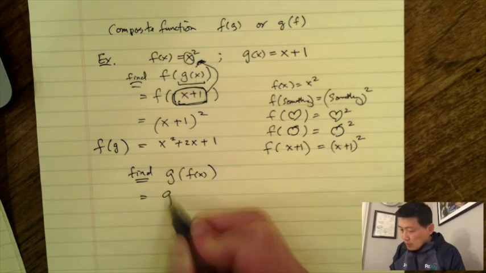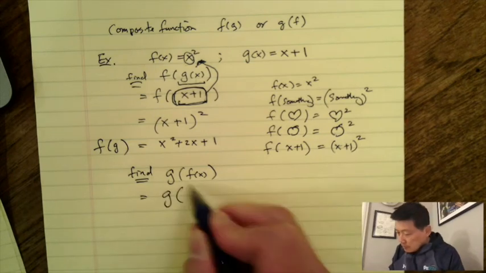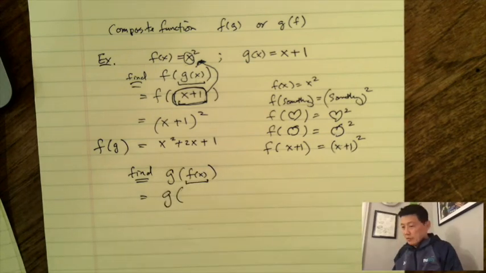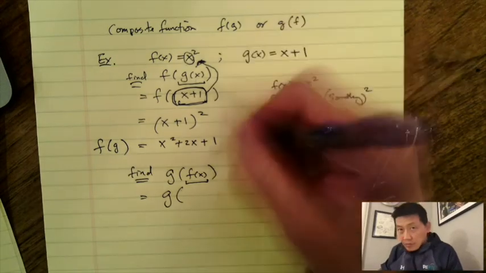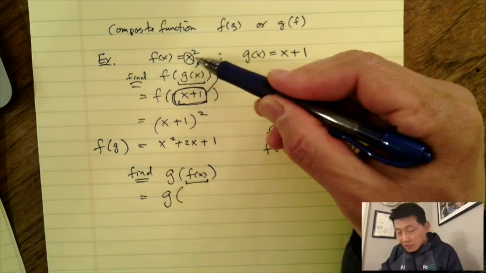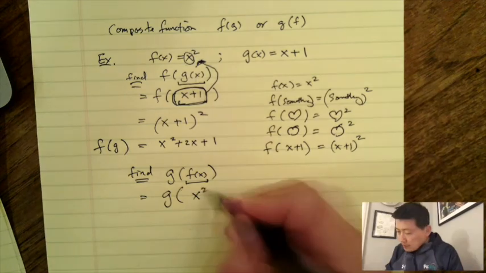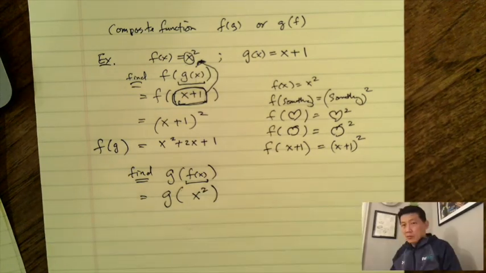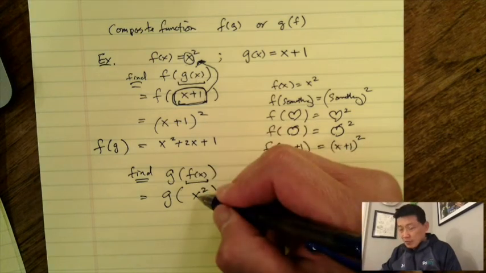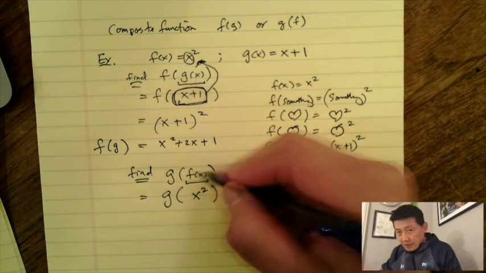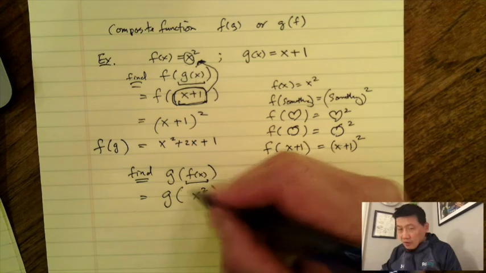So g of, then I say, well, what do I replace with f of x? Well, in this case, you see f of x is x squared. So I replace this entirety by x squared. F of x is x squared. So instead of writing f of x, I write x squared inside the g.